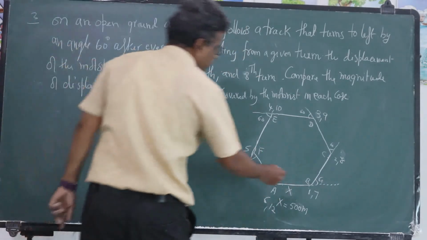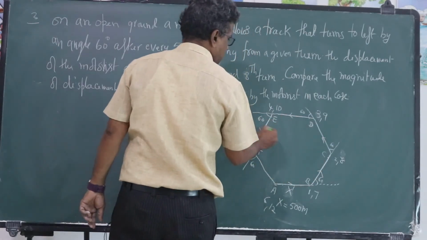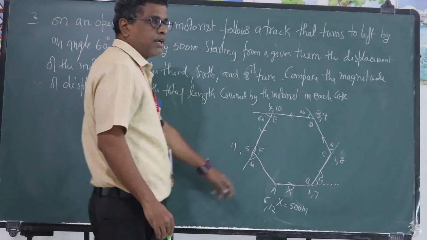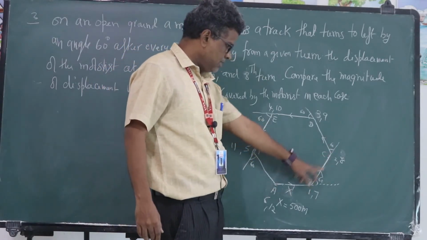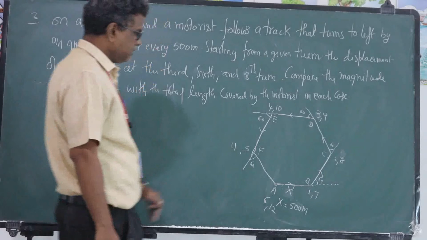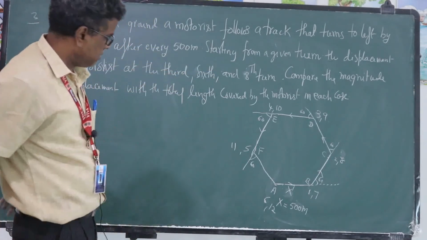So the motorist travels in a track like this. After traveling 500 meters, he turns left every time, like this on a motorcycle.